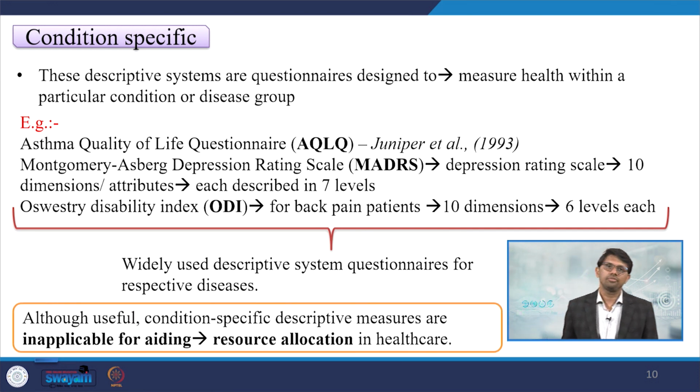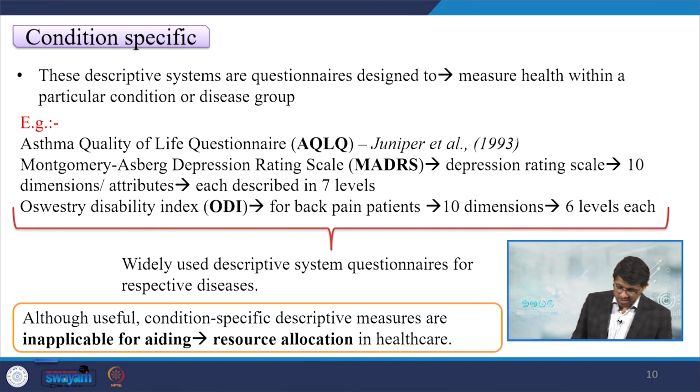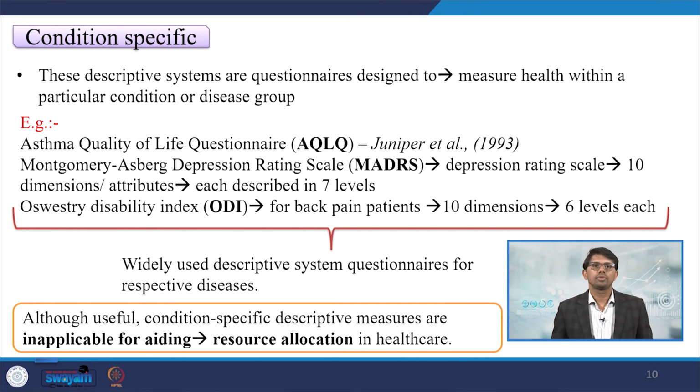As I told you, for different indicators of morbidity, different scales or indexes are applied. Although these are useful, condition specific descriptive measures are inapplicable for aiding resource allocation, especially in healthcare.